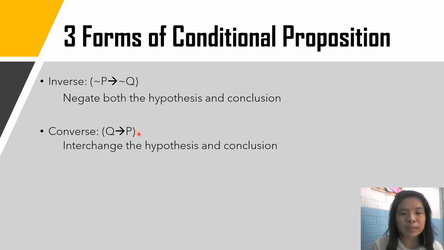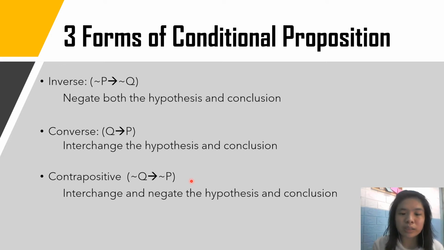That is why its symbol is Q implies P. And lastly, we have the contrapositive, which is both the interchange and negation of the hypothesis and the conclusion. That is why its symbol is not Q implies not P.